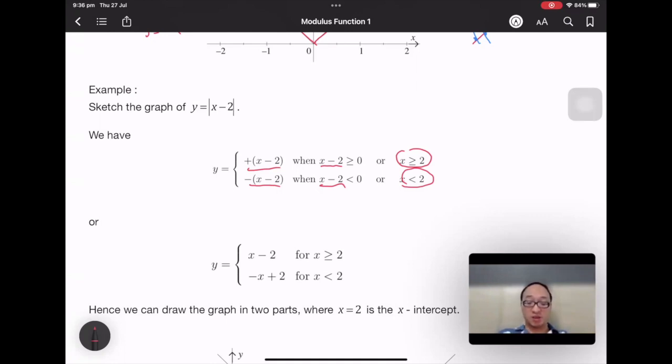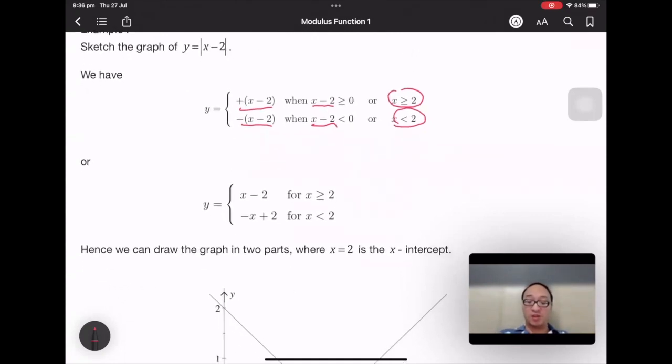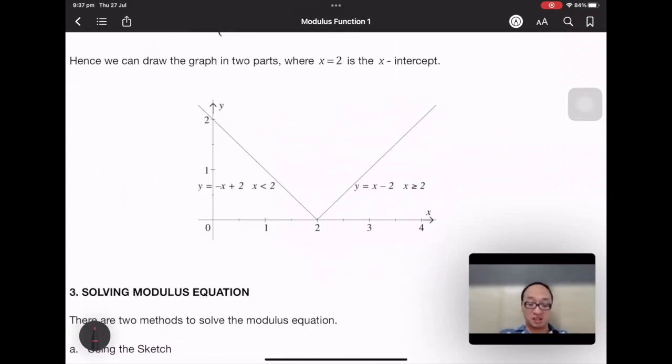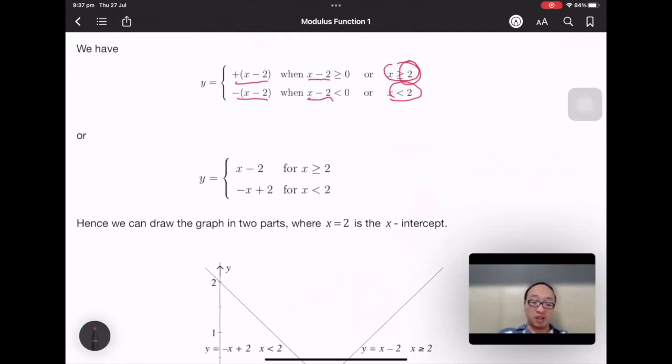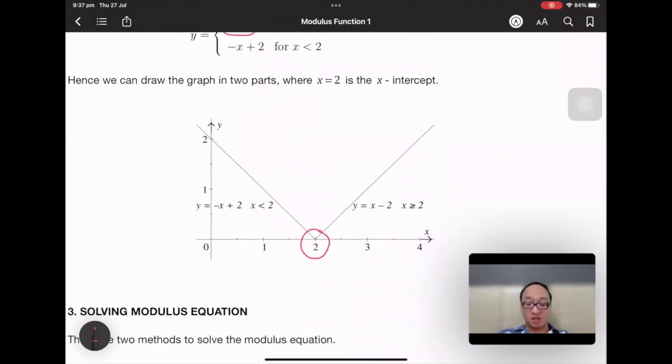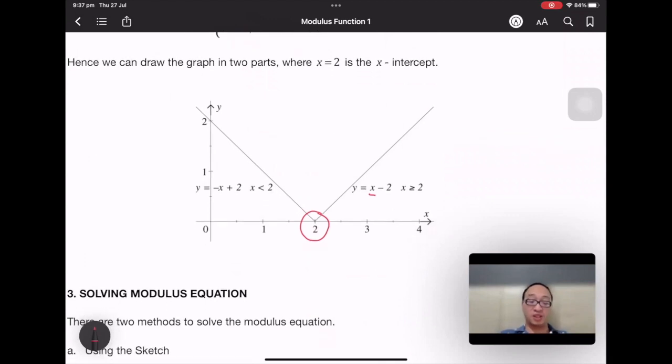So when we draw this, we draw 2 on the x-axis. Then it will be x minus 2 for x greater than 2. So you can draw the line with equation x minus 2, the gradient is 1, and it passes through negative 2 at the y-intercept.